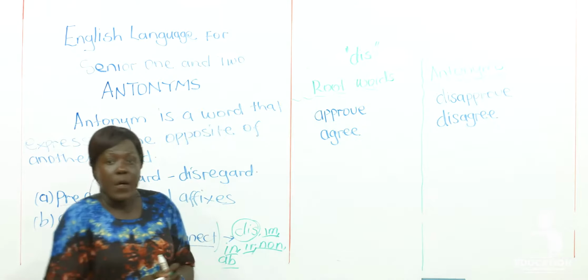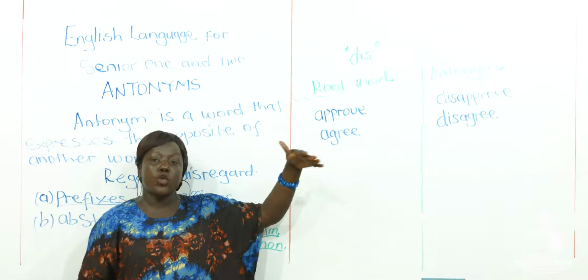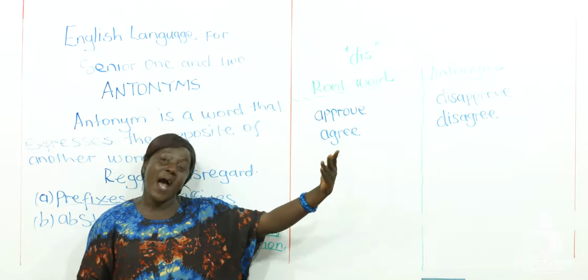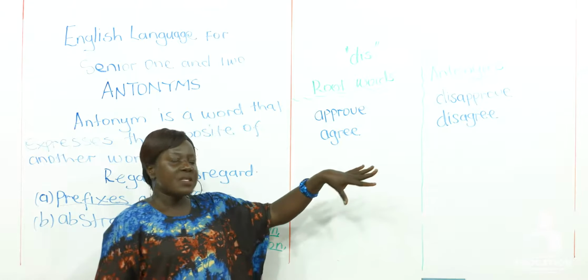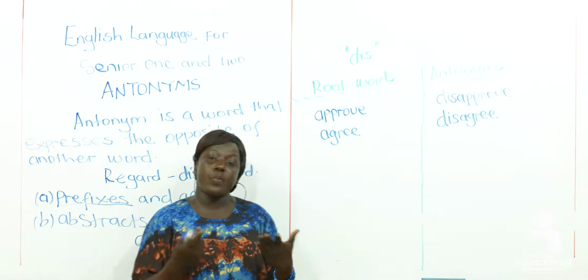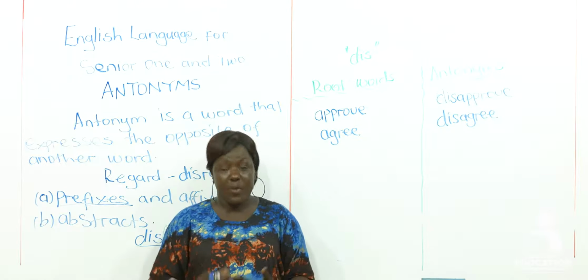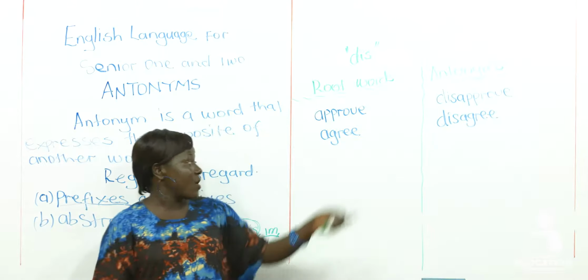Now, when you're using the root word approve, it means to consent to something or accept or even to sign for it. Then you can say, I will approve your proposal tomorrow. That is when you're using the word approve.